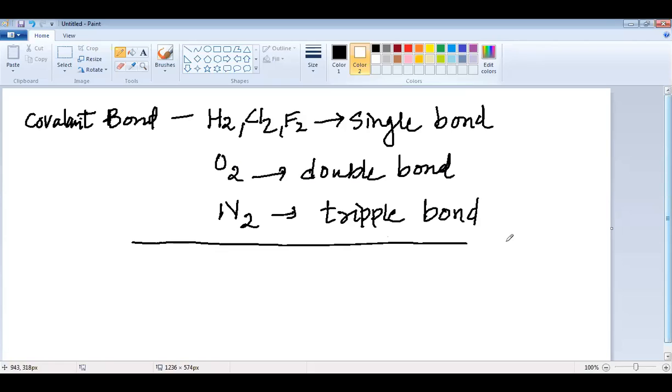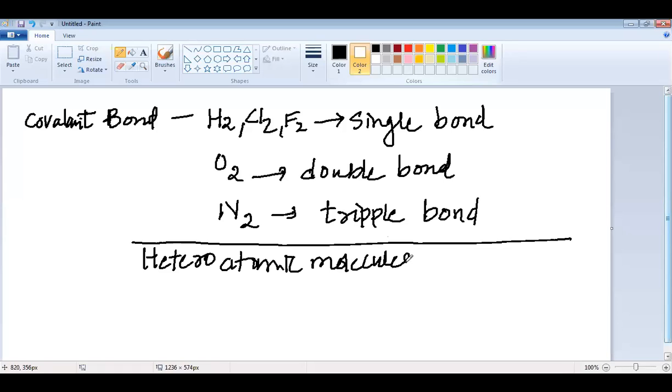We have even studied about some heteroatomic molecules. Which heteroatomic molecules have we studied? We have studied H2O, NH3. We have even studied S8.